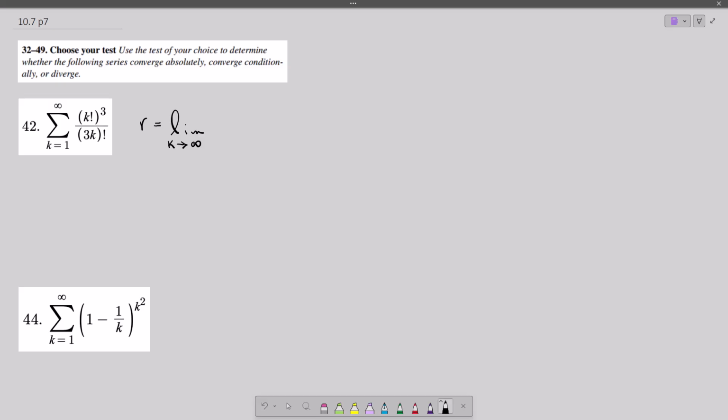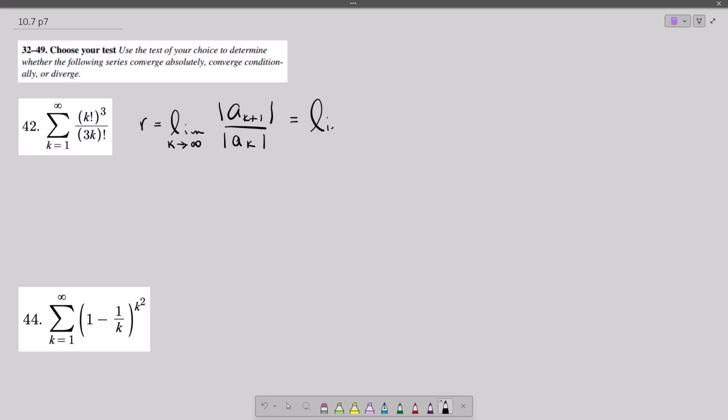This is called the ratio of consecutive terms, and we take the absolute value. The reason we want to use the ratio test with this factorial summand is that you get to cancel all the factorial symbols. That's why the ratio test is such a good test when you have factorials.